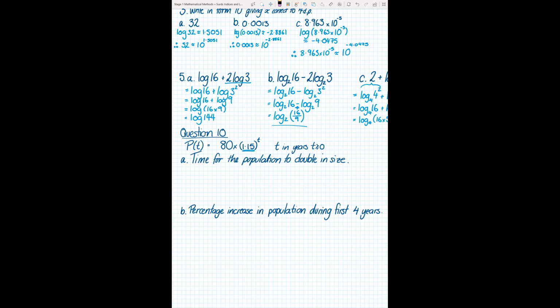The question says that the population of seals with regards to time is given by the relationship 80 times 1.15 to the power of t, where t is the time in number of years.